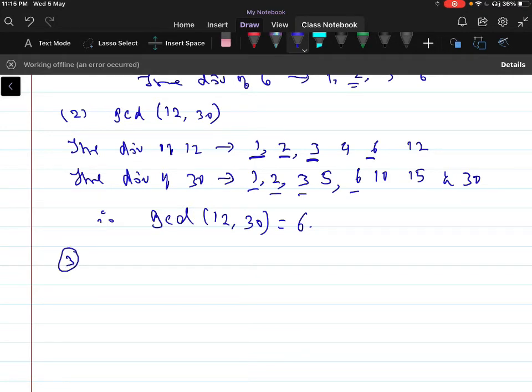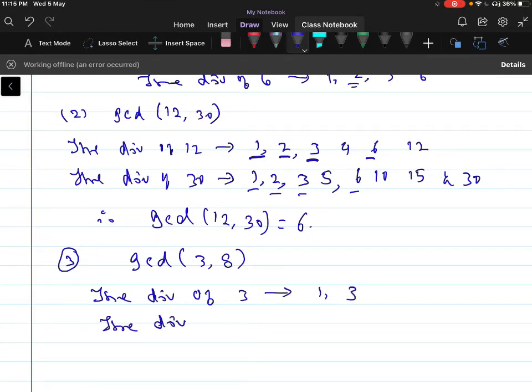Let us consider the third example. GCD of 3, 8. The divisors of 3 are 1 and 3.